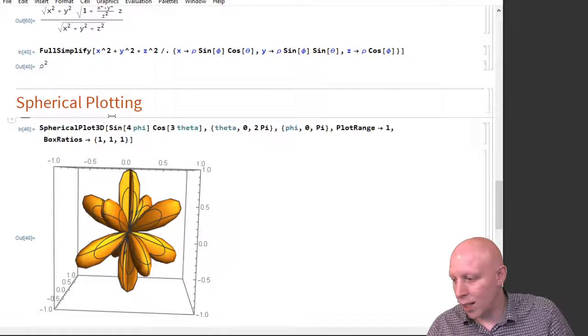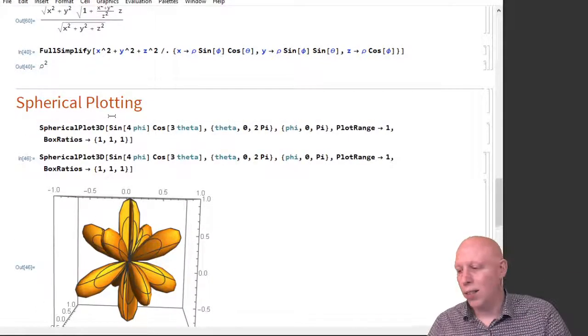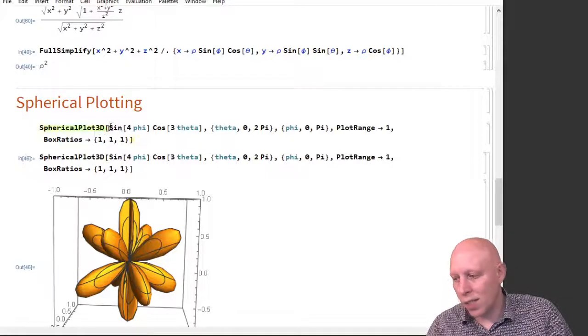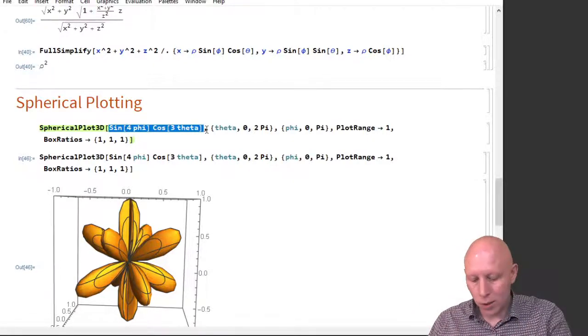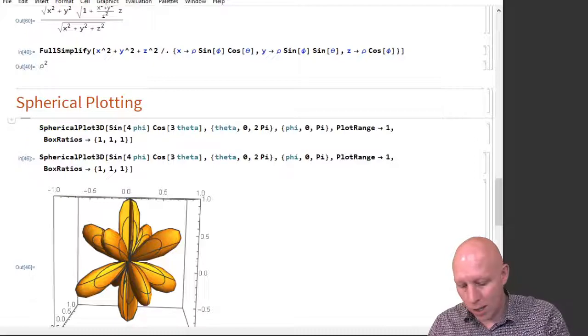Unlike cylindrical plotting, spherical plotting does exist already in Mathematica. So if we want to plot rho as a function of phi and theta, we can do that.